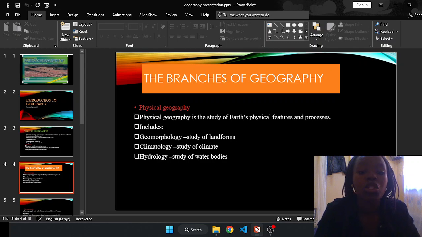In geomorphology, you can be asked, define geomorphology. What is geomorphology? Geomorphology is the study of landforms. While climatology, from the word climate, is the study of climate. Then hydrology, on its own, is the study of water bodies.